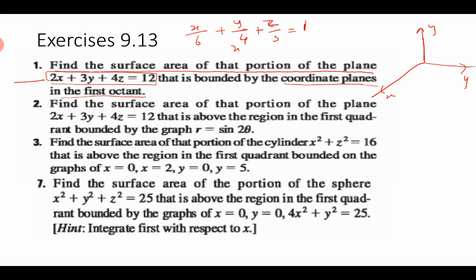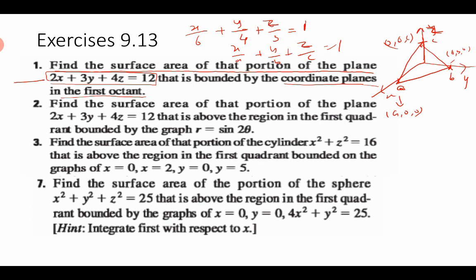This is the form x over a plus y over b plus z over c equals 1. Then the x intercept is a, the y intercept is b, and the z intercept is c. Therefore this is the plane passing through the three points (a, 0, 0), (0, b, 0) and (0, 0, c).